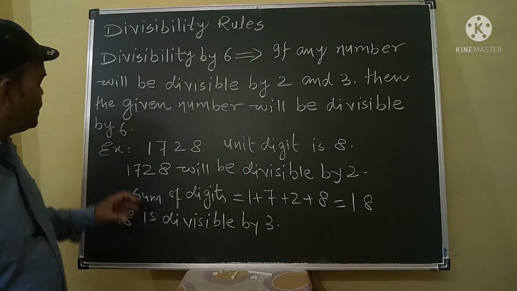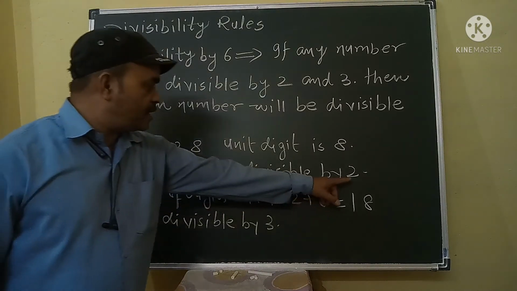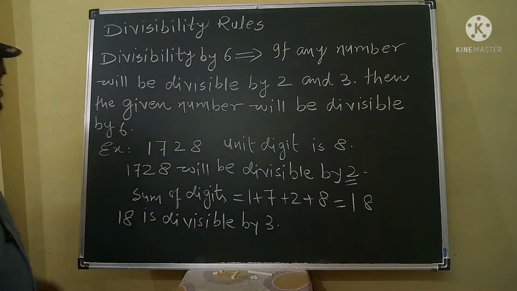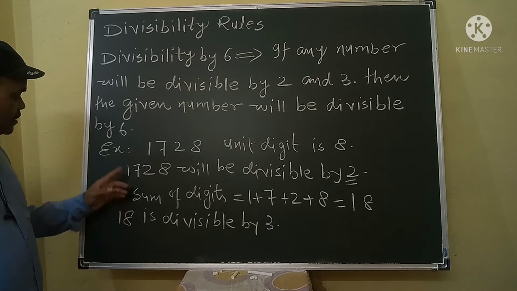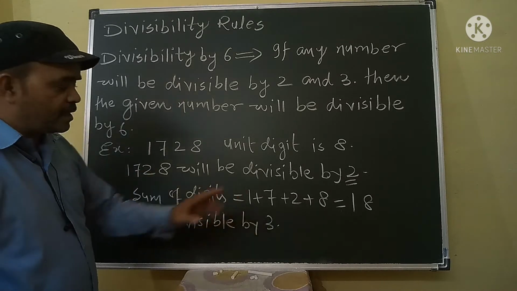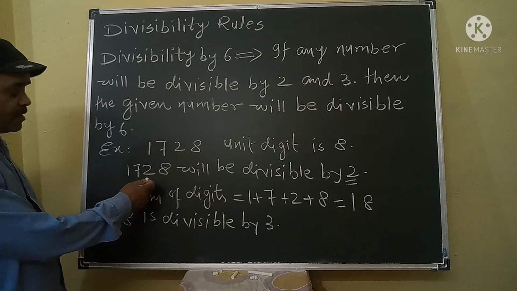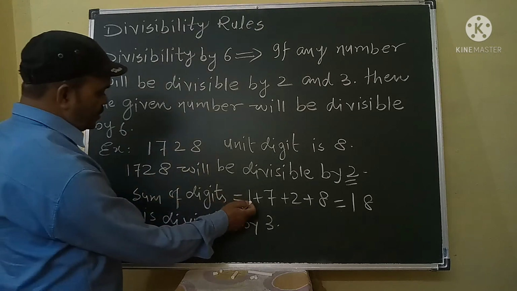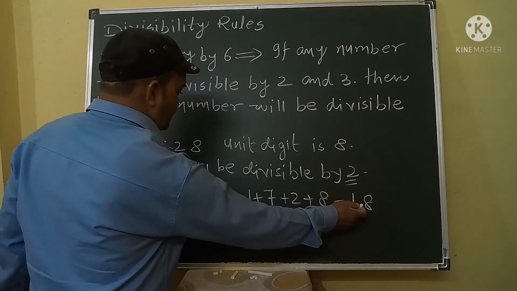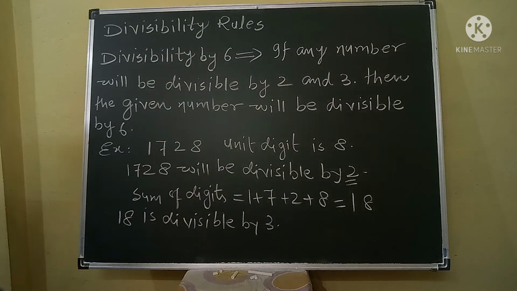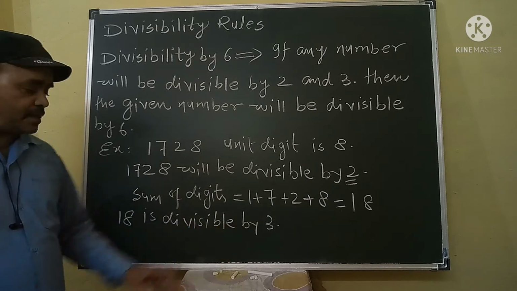So what you are looking at, 1728 is divisible by 2 and 1728 is divisible by 3. That means the sum of the digits in 1728 is 1 plus 7 plus 2 plus 8. You will get 18, and 18 is divisible by 3.